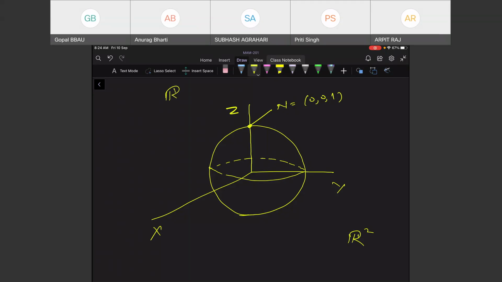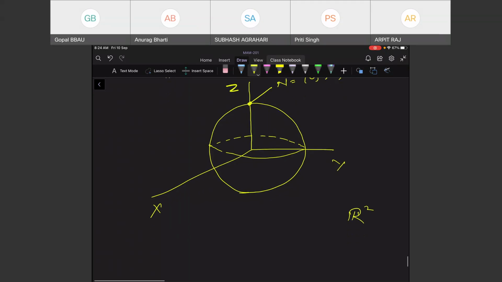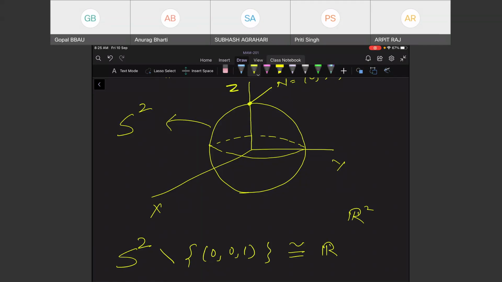So do the same thing from here. S2 is the sphere. In R3, S2 minus 1 point, that is 0, 0, 1, is same as R2.